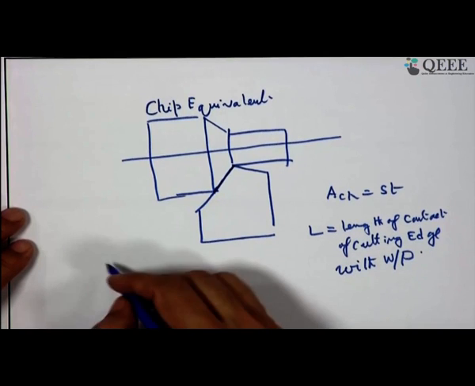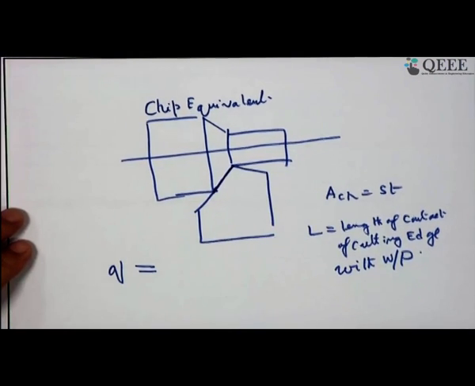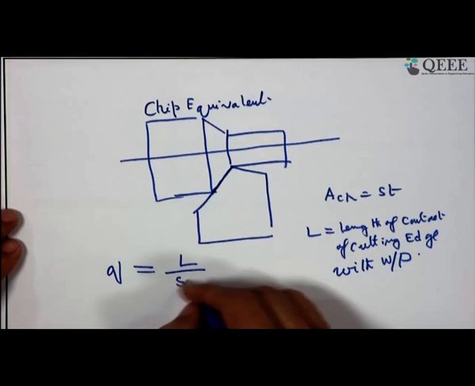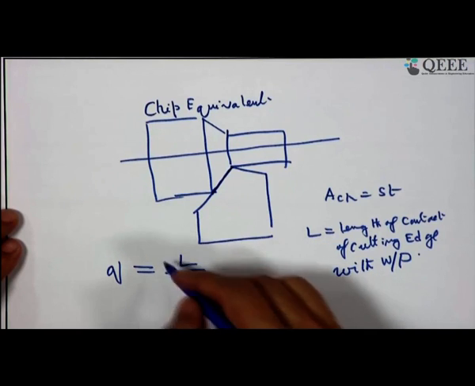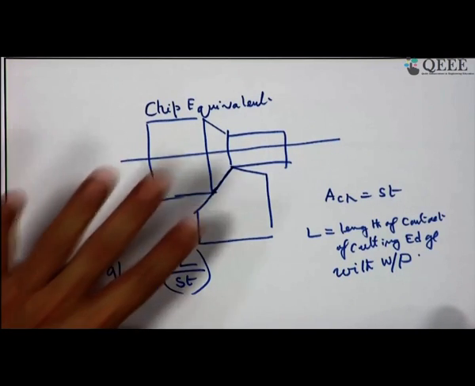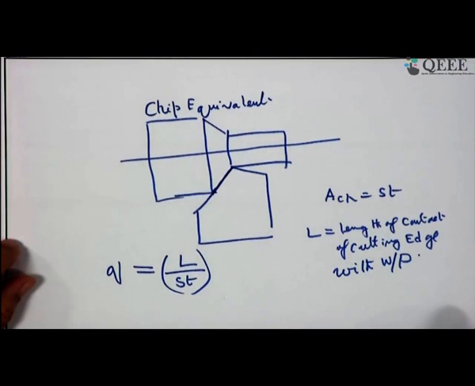So, there is a term called chip equivalent. Q is the chip equivalent, and this is given by L by ST. So, this is one criterion. If we can keep L by ST constant, we can keep the face temperature or the tool temperature constant.